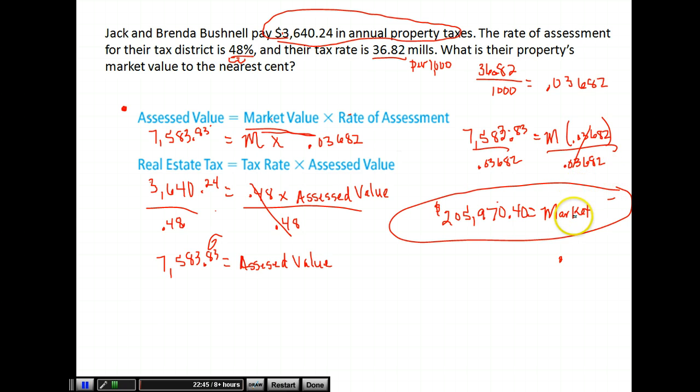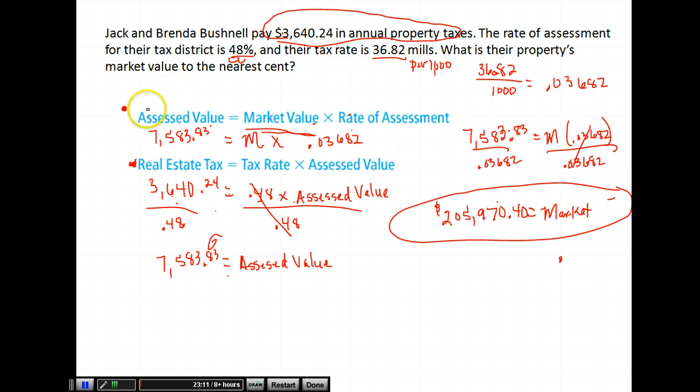Normally on problems like this, they give you the market value and the rate of assessment and ask you to find the real estate tax. This was completely backwards. So you might want to go through it a few times to see the steps. So again, we used the formula for real estate tax, put the real estate tax equal to the tax rate, written as a decimal, times the assessed value, divided by the tax rate to find our assessed value.